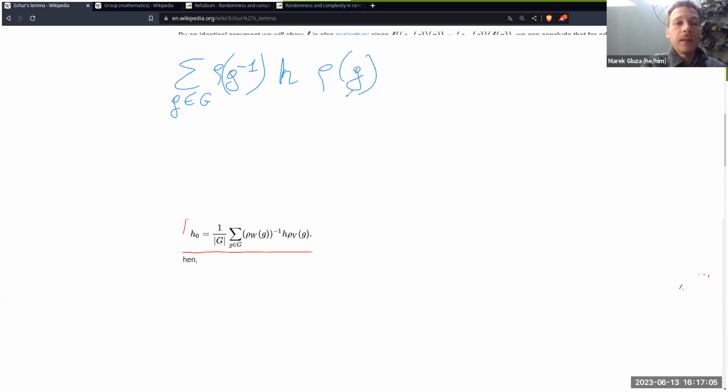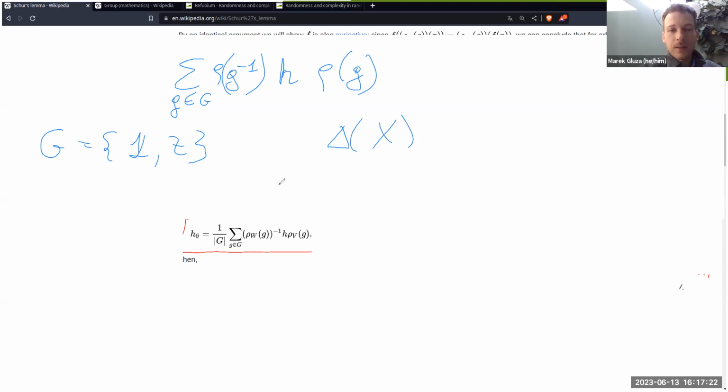So in this case, our set G was identity and Z. And I showed you what happens if I apply this dephasing channel to matrix X. Now we can check, we can do the same transformation to the matrix Y. So I will have 1/2 Y plus ZYZ.